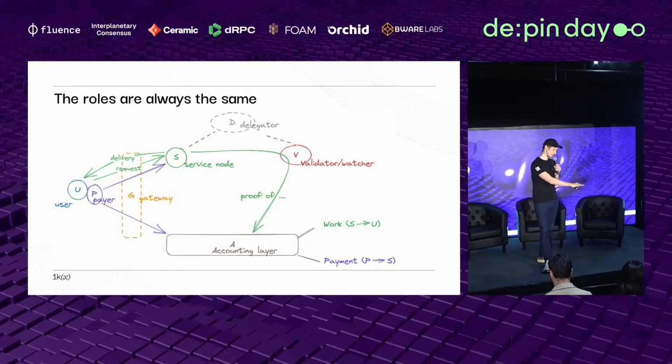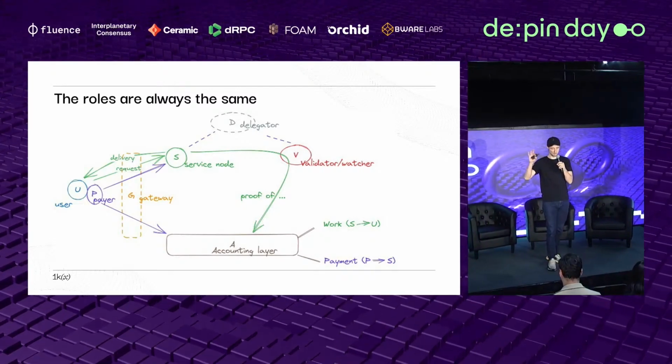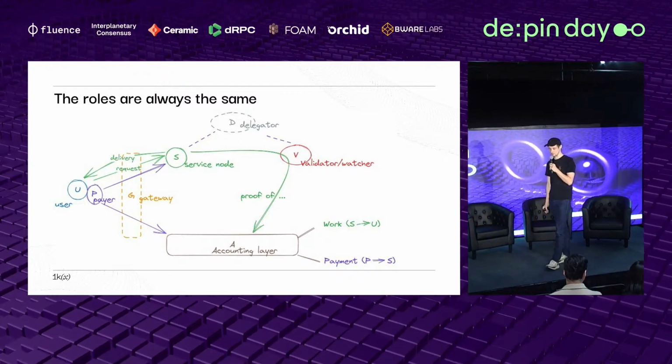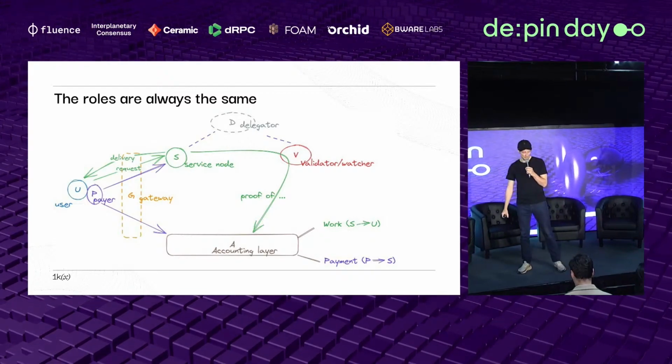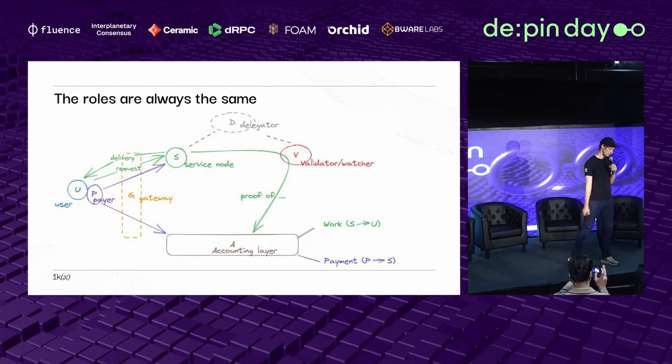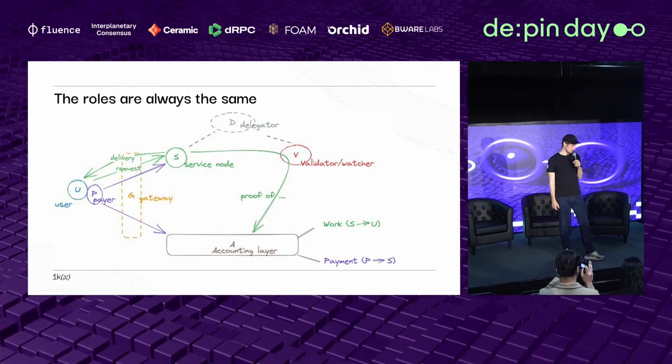And this is on the supply side here, right? So ignore the business management with DAOs, governance, things like that, or even the demand side, because some DePINs even have sales teams. This is really the supply side. Let's walk through these roles a little bit.